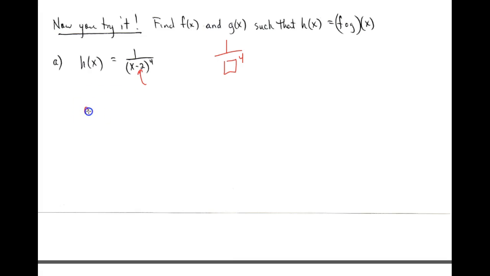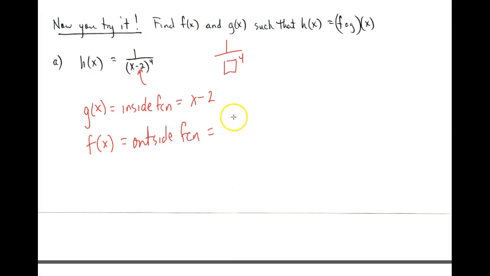So here we would say the inside function will be x minus 2, and of course the outside function will be 1 over x raised to the fourth. Okay.